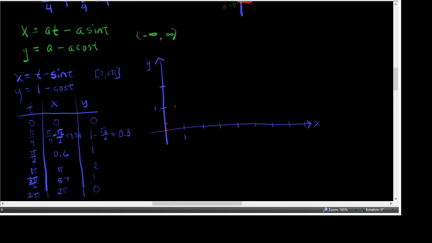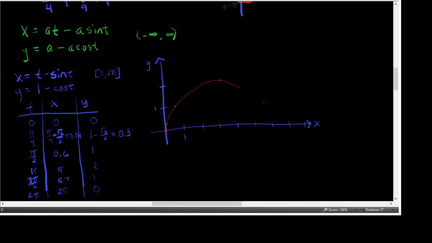Pi, which is 3.142. 5.7, 1, 2, 3, 4, 5.7, and 1. It's about right there. And 2 pi is 6.28, 1, 2, 3, 4, 5, 6.28, 0. It's about right there. And so it ends up looking like this.